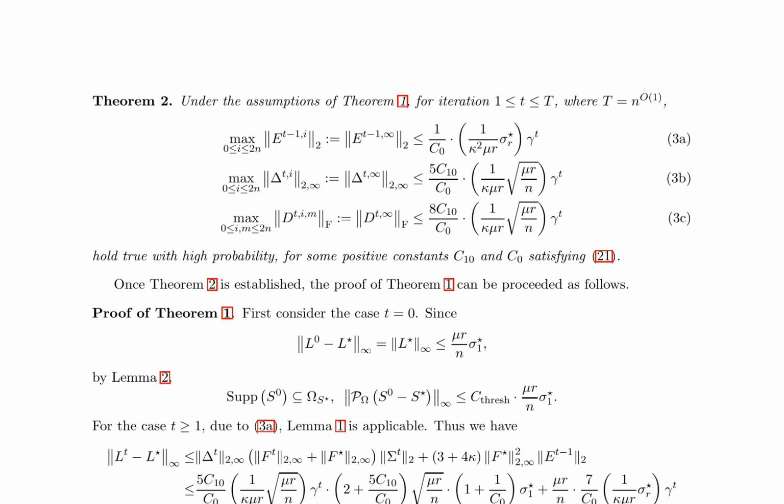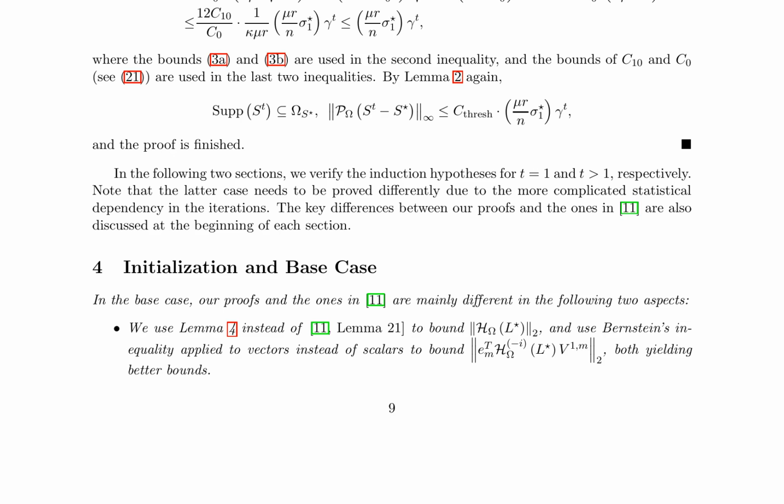For t equals 0, it is shown that L_0 - L* is bounded by mu r n sigma_1, and hence the sup over S_0 subset of Omega, S and P_Omega S_0 is bounded by C_thresh mu r n sigma_1.